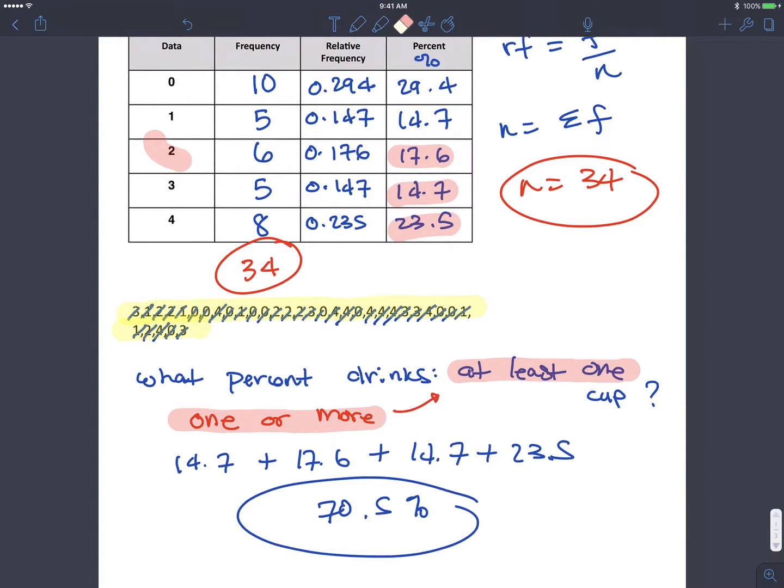Let's be careful here. 3 is not smaller than 3. It's 2, 1, and 0. These are the data values that are strictly smaller than 3, and these are the associated percentages.